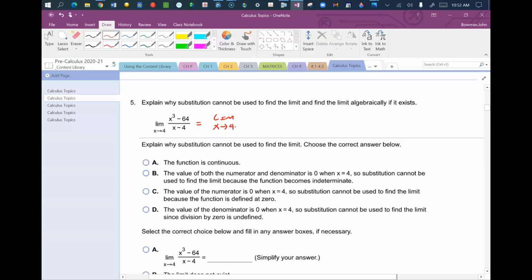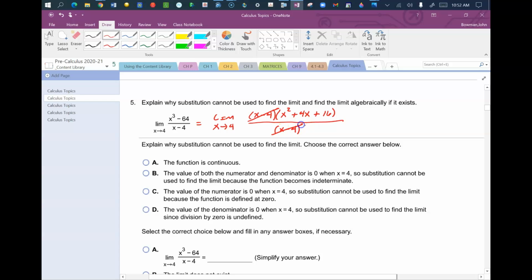The numerator is a difference of cubes, x cubed minus 4 cubed. And you can Google that and see that that factors into x minus 4 times x squared plus 4x plus 4 squared, which is 16, all over x minus 4.